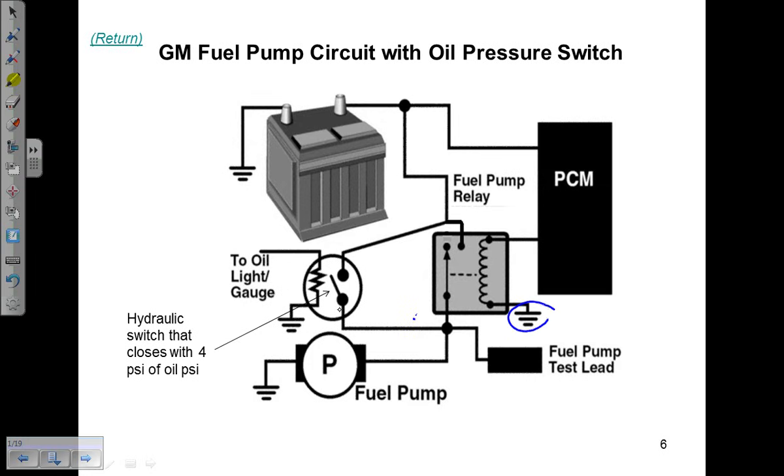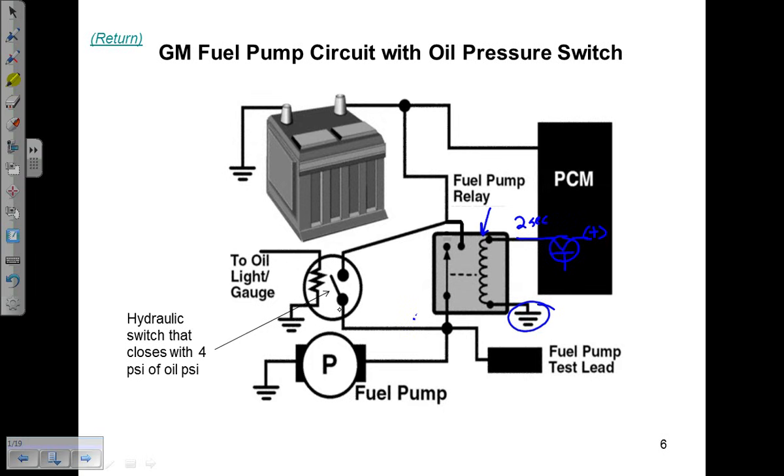What you see on the coil, which is the control side, is an external ground. So we've covered this. That means inside of the computer is a power side switched driver. So this would be a positive feed. The computer controls the power of the control side of the fuel pump relay. It would work like every other one. You turn the key on, you get a 2-second prime.